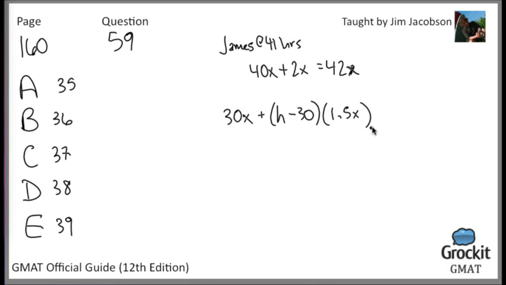And that equals the amount that James made, which is 42x. So we can subtract the 30x right away, just to get these numbers under control. So we're left with basically just the amount that James worked overtime. And remember, h, the number of hours that Harry worked, is the number we're solving for.